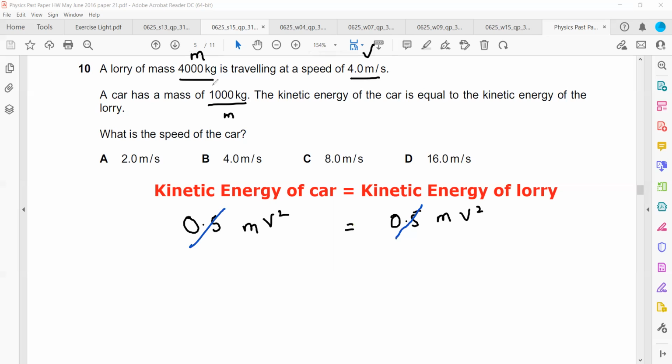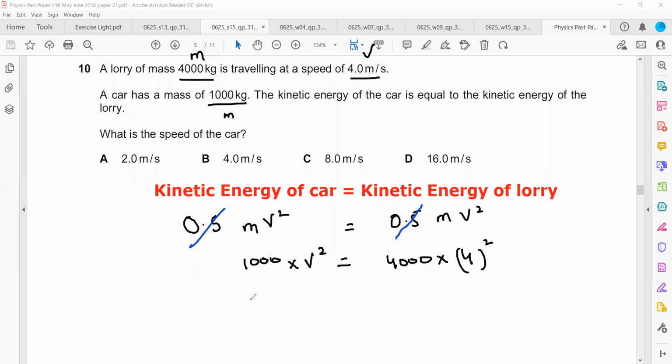Then what about the mass of the car? The mass of the car is 1000. So we will substitute 1000 here, which is the mass of the car. Speed of the car we want to find, so that is v square. This half is already cancelled. Mass of the lorry or the truck, that is 4000 multiplied by speed. Speed is 4 meters per second, so 4 square because it is v square.